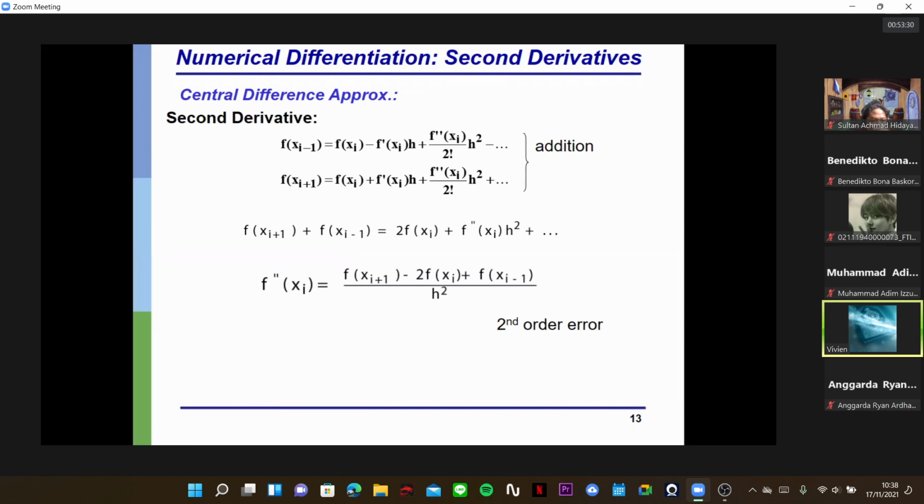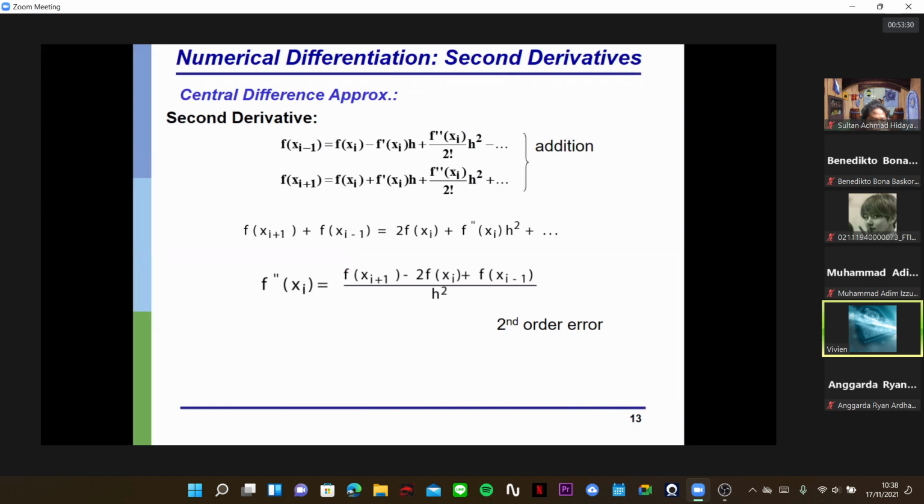We also have the interval size, which also has an effect on the error. Be careful when we calculate the interval size. If we reduce the step size or the interval length, we will have a more accurate result.